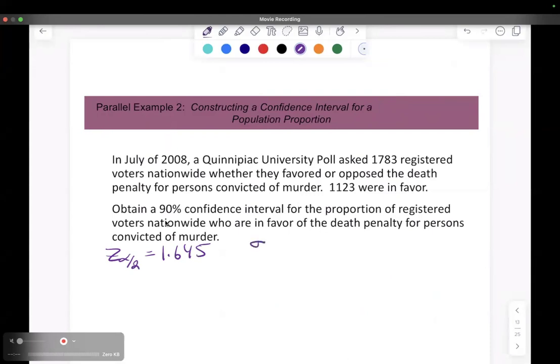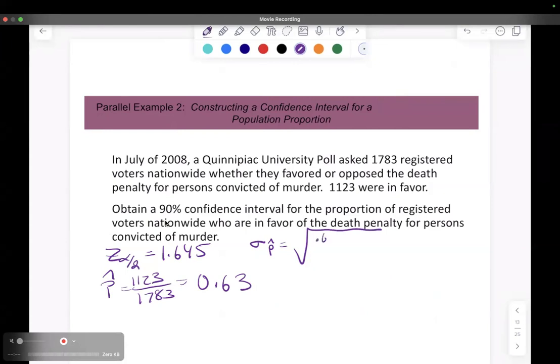My standard deviation sub p hat equals square root of, I need to get my p hat first, 1123 divided by 1783 is 0.63, is what I'm going to call it. So we have 63%.